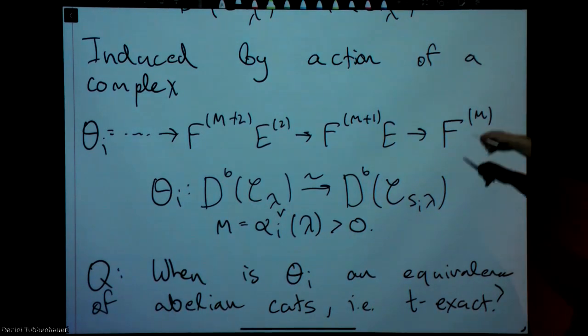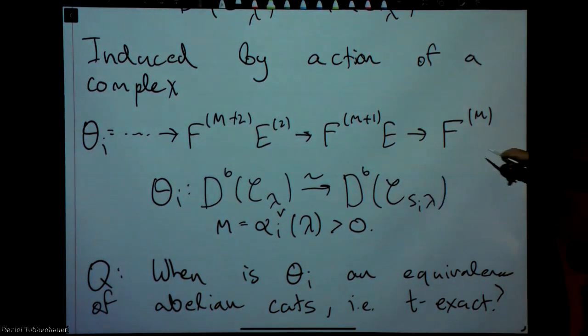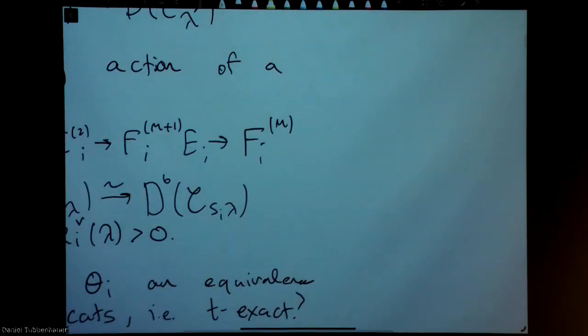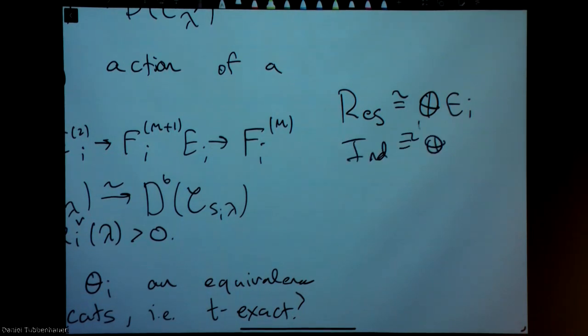And Chuang and Rouquier do this by writing down an explicit complex. This is maybe a little opaque to people who were not here for my lectures last week, so maybe I'll just say this very quickly. Here, the E_i are summands of the restriction, and the F_i are summands of induction.